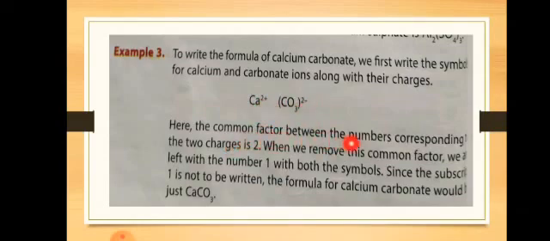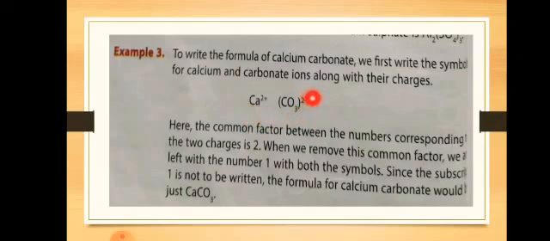Here the common factor between the numbers corresponding to the two charges is 2. When we remove this common factor, we are left with the number 1. So with both the symbols, since the subscript 1 is not written, the formula for calcium carbonate would just be CaCO3.